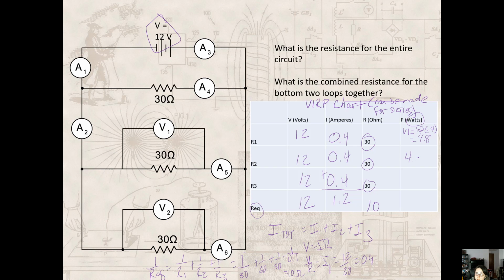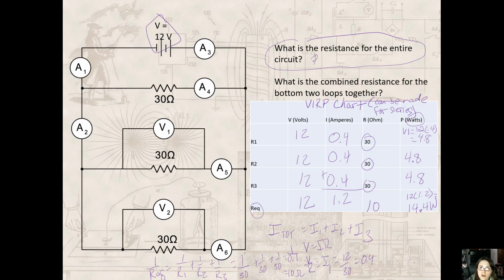So then this is 4.8, and this is 4.8. And this right here is going to be 14.4 because it's 12 times 1.2. So that's equal to 14.4 watts.